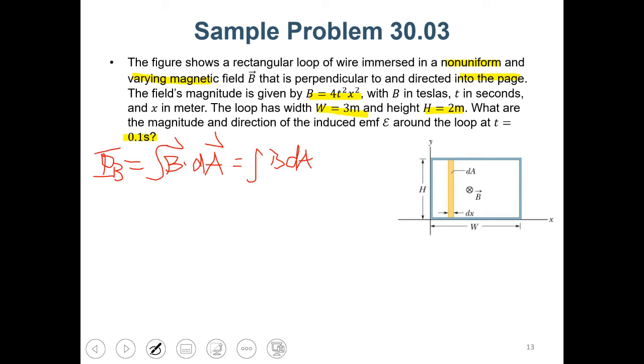We can further simplify because this is not related to the y-axis, which means that dA should be h times dx.